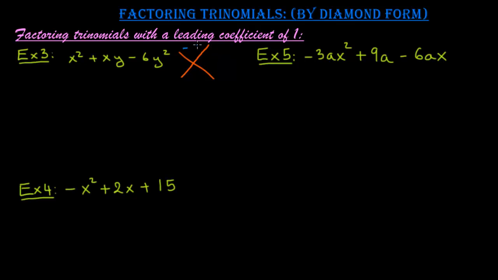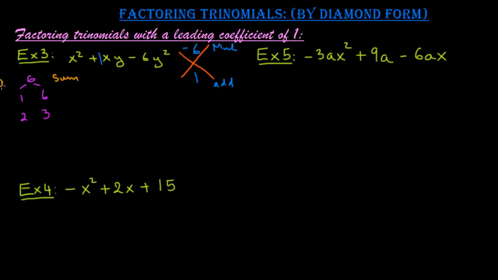And the middle number is +1, so right at the bottom is +1. We're looking for a pair that multiplies to give -6 and adds to give 1. So we need to find the pairs that multiply to give 6. So we have 1, 6, we have 2, 3, and then we find the sum and difference of them.